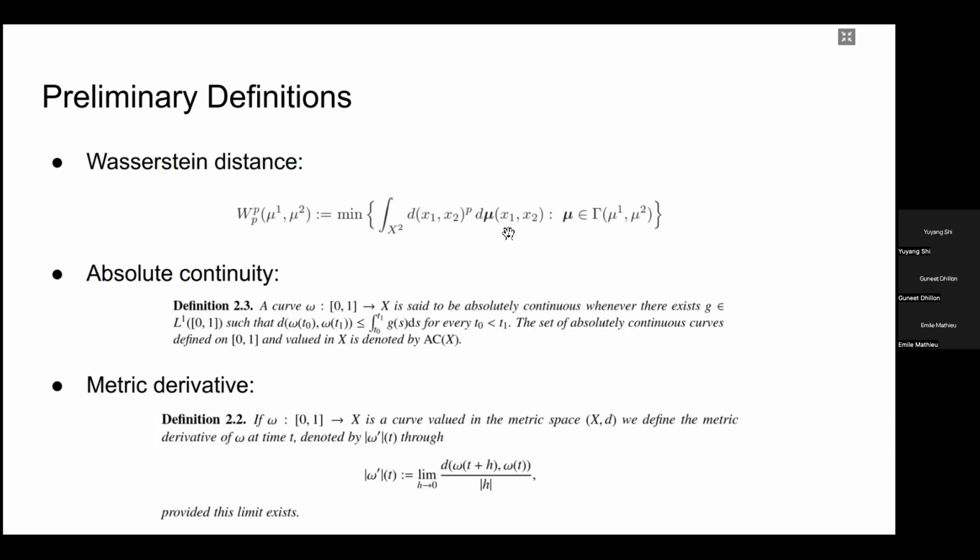And obviously here you should assume mu1 and mu2 have the finite Pth moment, or the samples have the finite Pth LP norm.